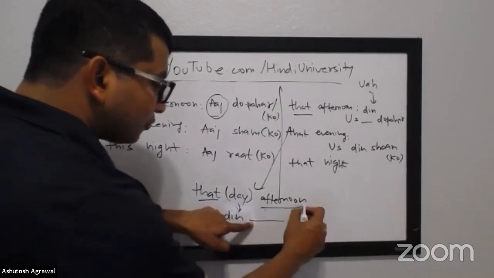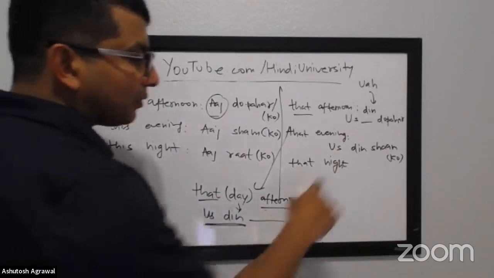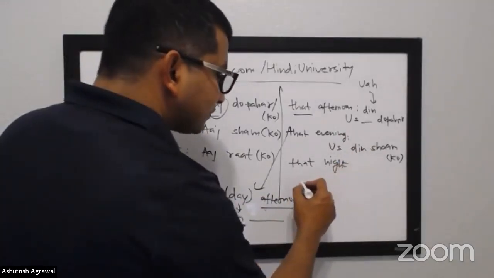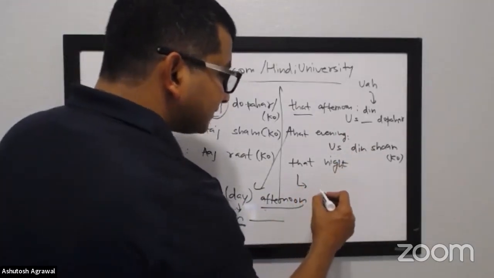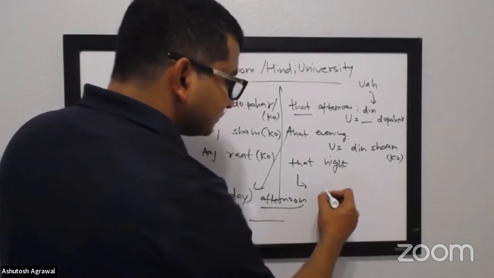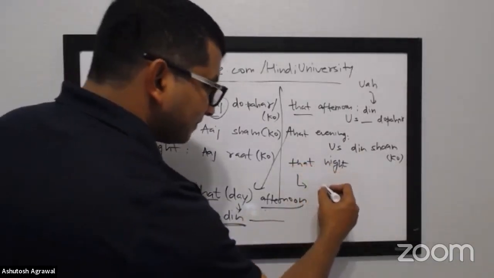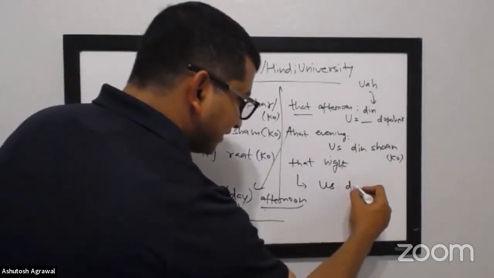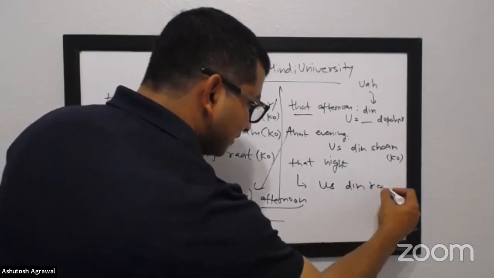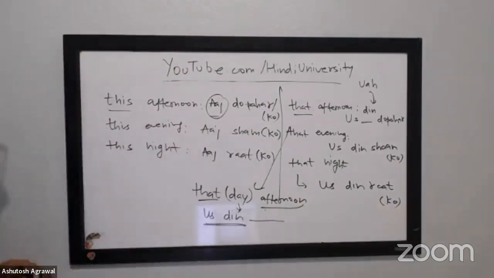And afternoon, दोपहर. So that's why it's like उस दिन दोपहर और उस दिन शाम. Okay, next one also you do it with that night. उस दिन रात को. Very good. उस दिन रात को.